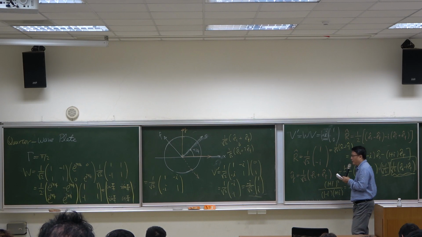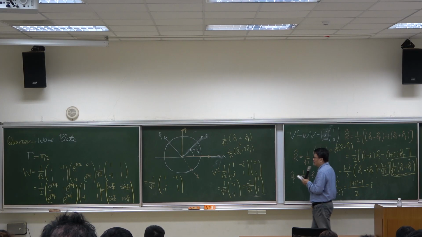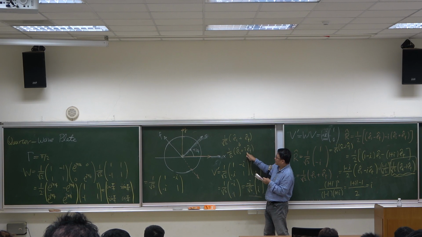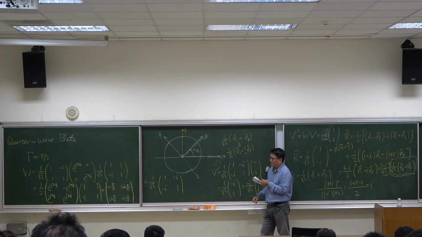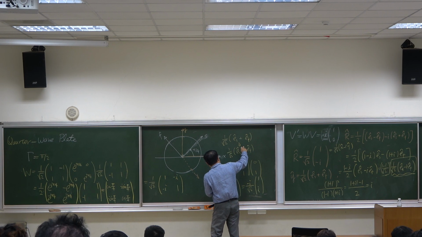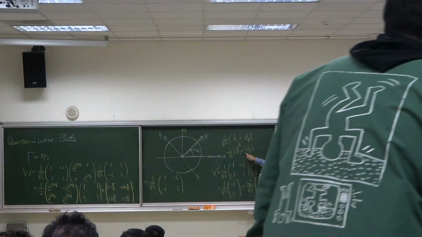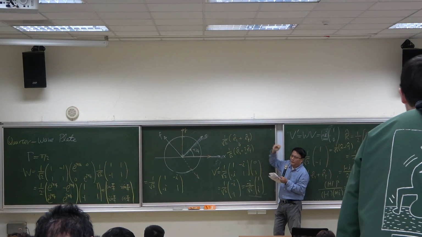This is left-hand circularly polarized light. Okay? Quarter wave means: half wave gives this a minus sign, and the quarter wave plate gives this I factor.